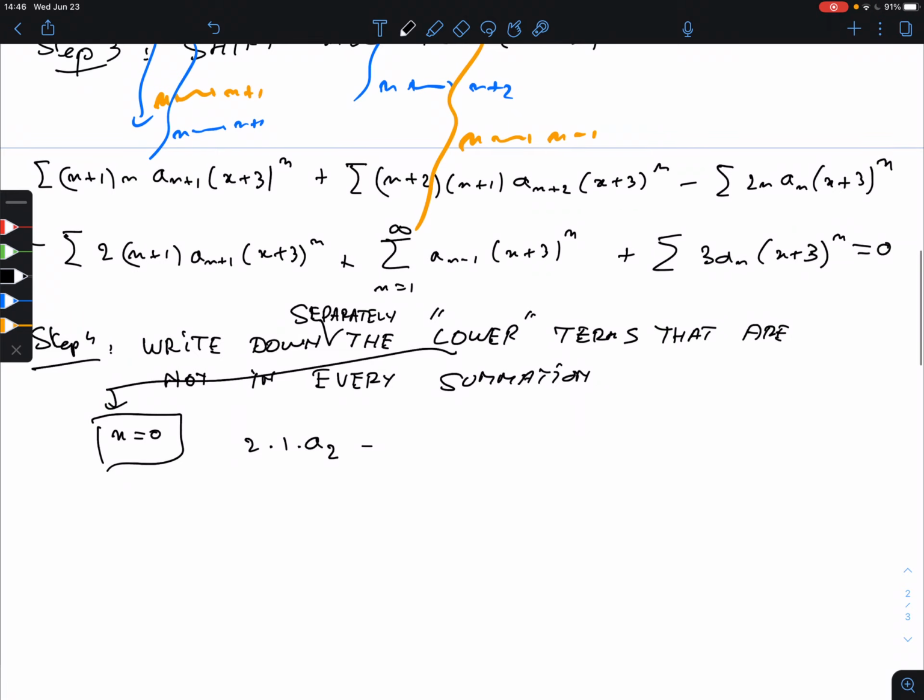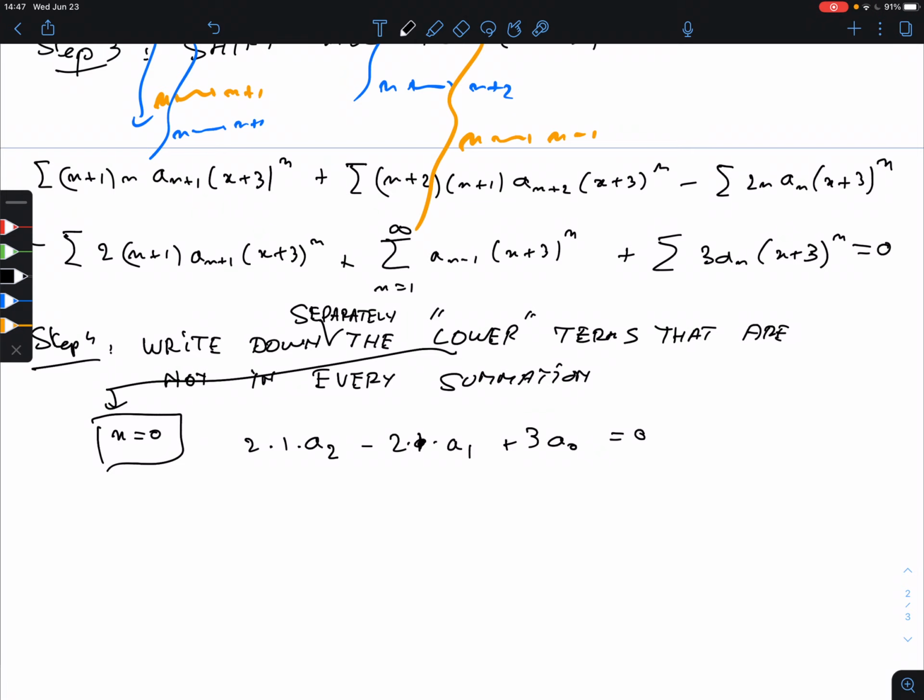The next one we do get a term, minus 2 times 1 times a_1. This one we don't take because it's not there, and then finally this one we get plus 3 a_0, and this is 0.